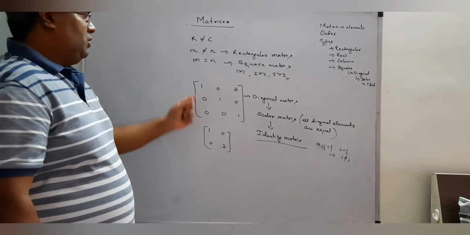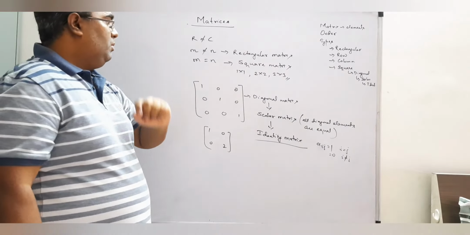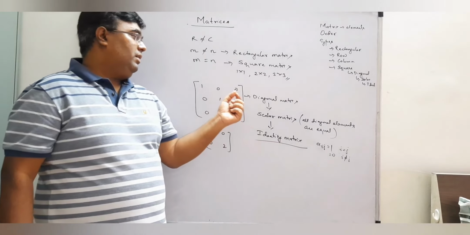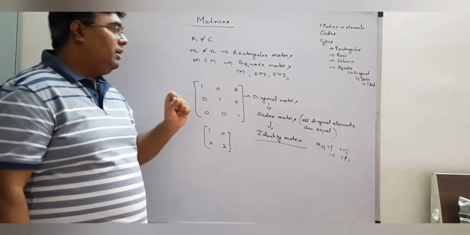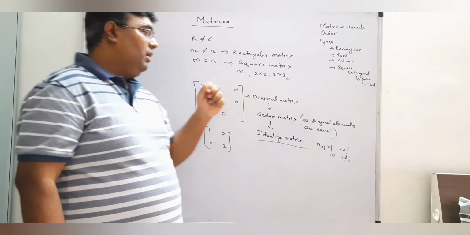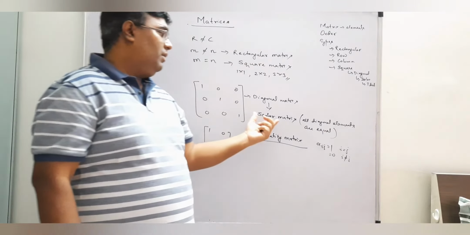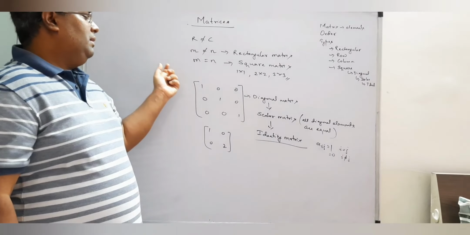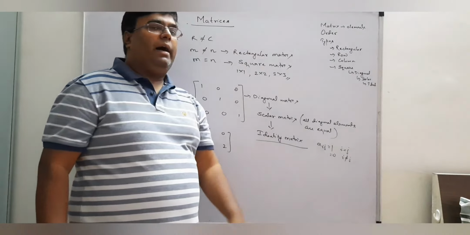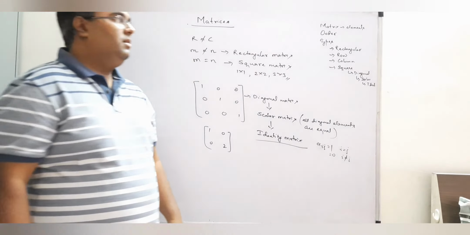In a square matrix, if the elements are only on the top left diagonal, then it is called a diagonal matrix. If all the diagonal elements are the same, we call it a scalar matrix. And in scalar, if all the elements are 1, we call it an identity matrix. Clear?